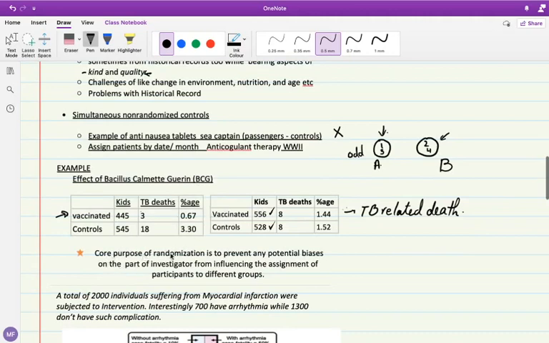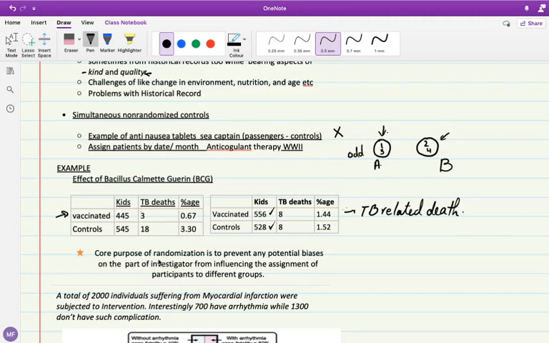So the core purpose of randomization is to prevent any potential bias on the part of the investigator from influencing the assignment of participants to different groups. I mean to say that if the discretion of administering a vaccine, let's say for COVID-19, is given to an investigator, he will try to administer more vaccine to some people as compared to the general population.